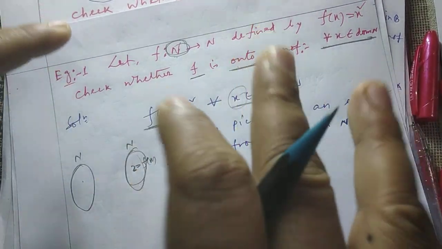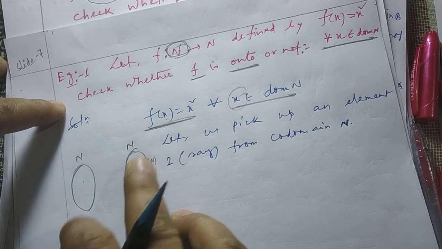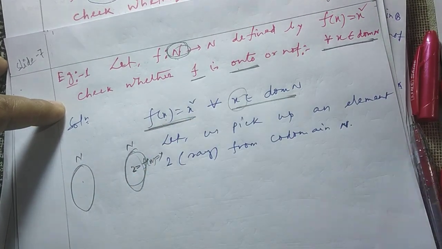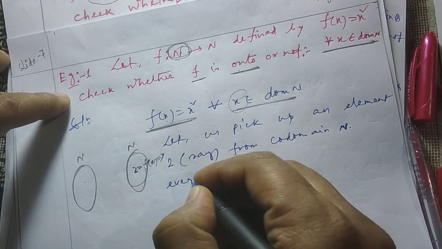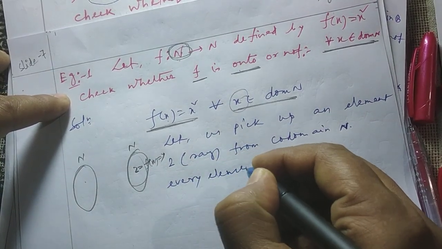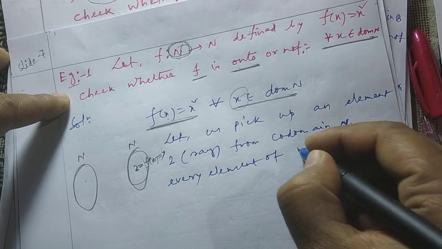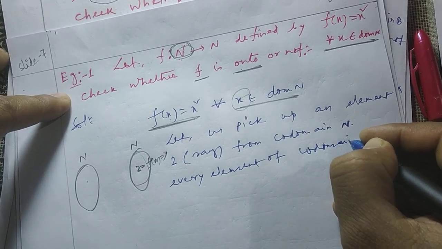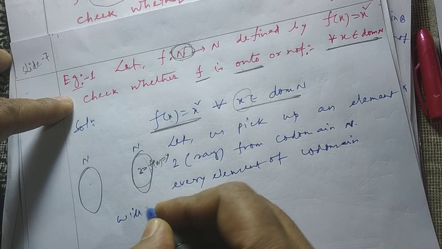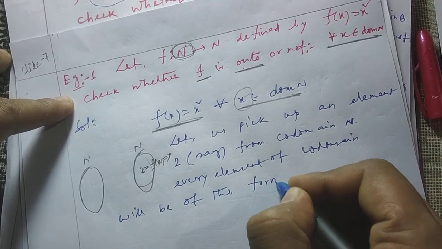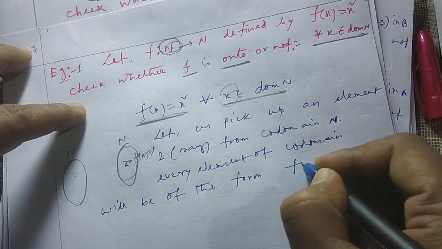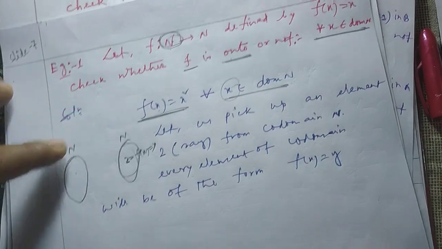And we know every element of the codomain set will be of the form f(x), or we can say y. Right? So write down here, every element of codomain will be of the form f(x) or y.